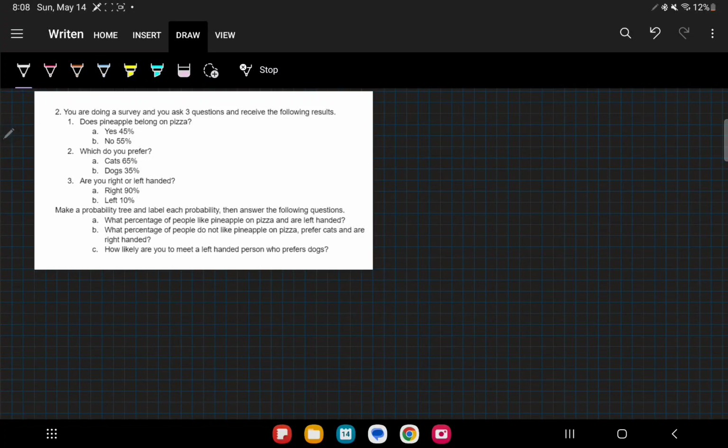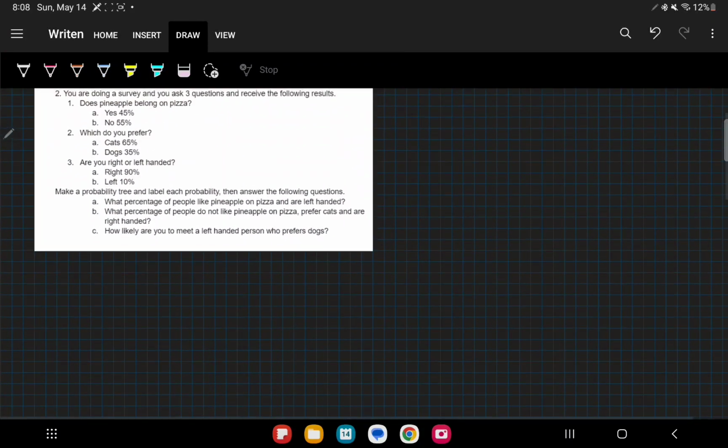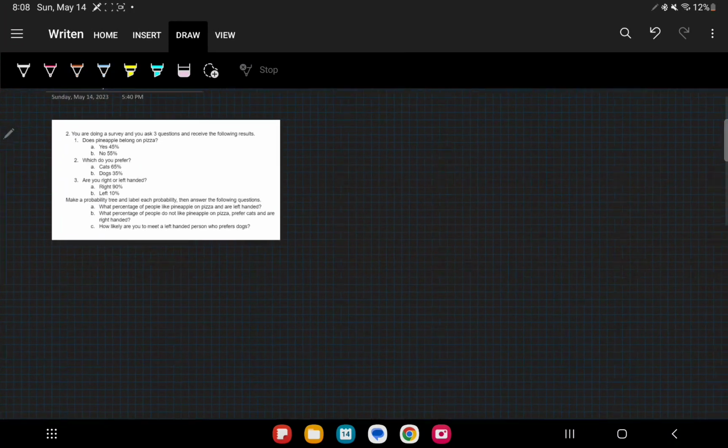Now we need to make a probability tree and label each probability, then answer the following questions. Let's stop there and make our tree first. Let's erase that and move it down. So let's make our probability tree. Our first question is, does pineapple belong on pizza? Zoom out a bit.